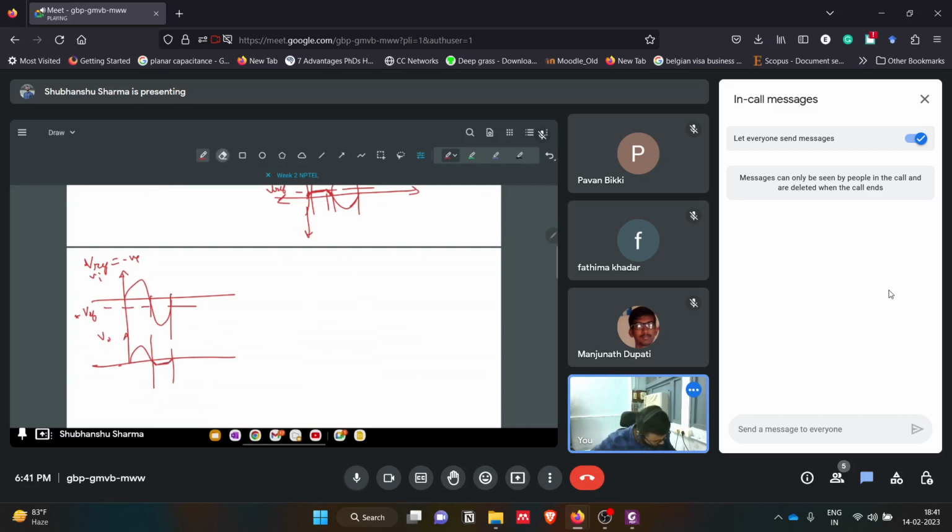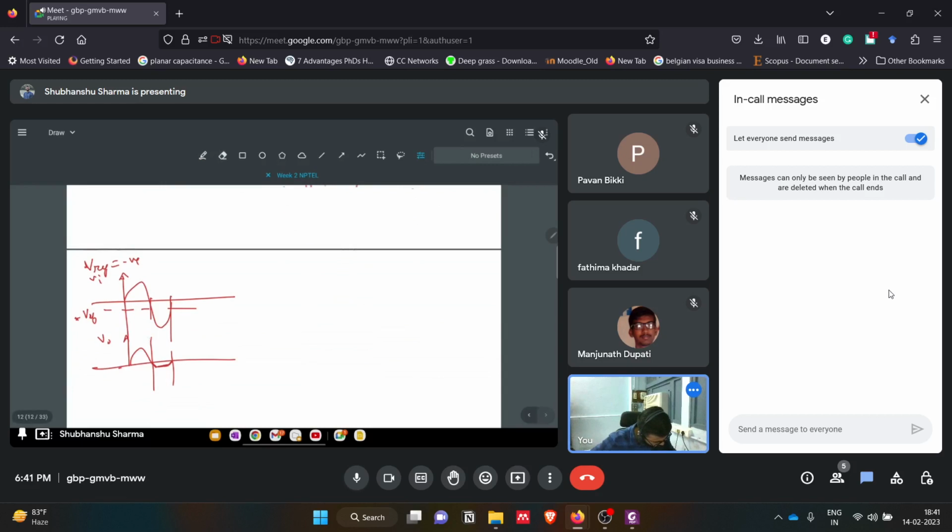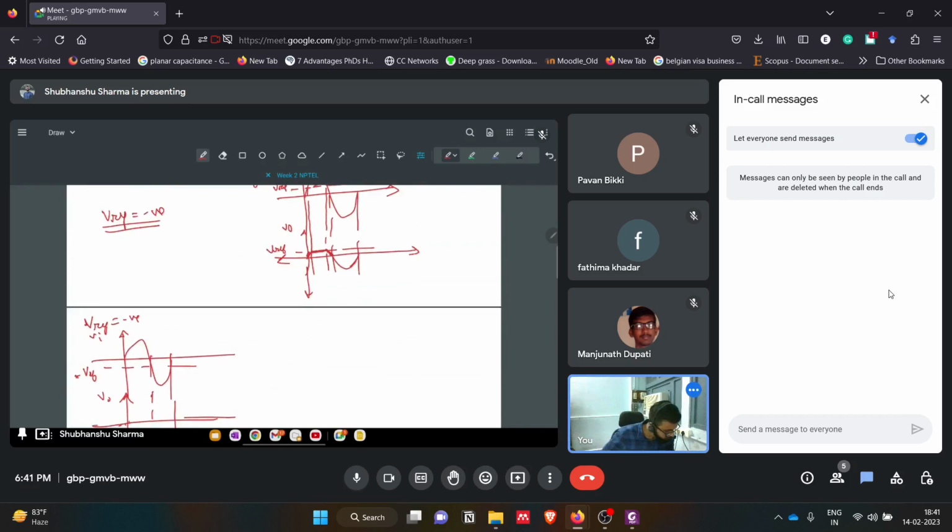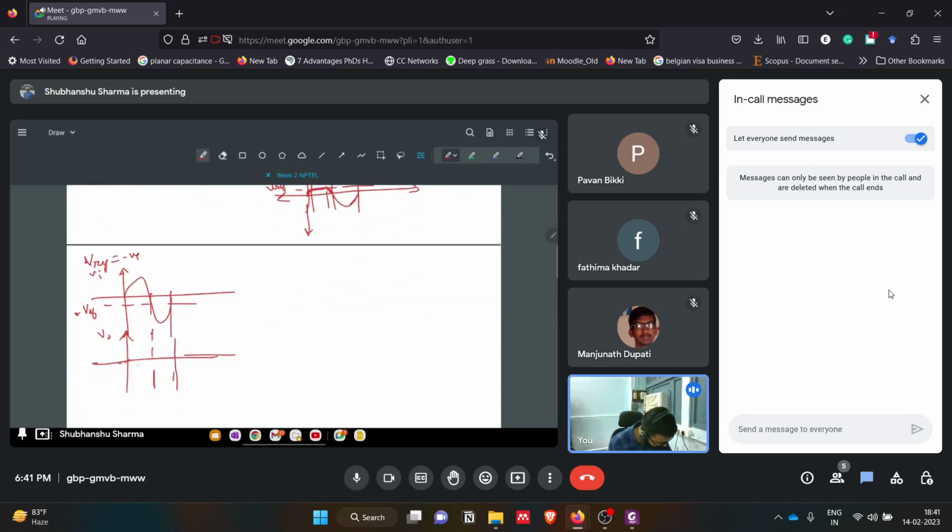So for this, the output: if this is negative till here, we'll get only this much of voltage.